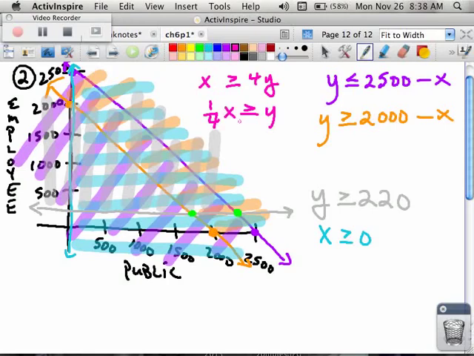So I'd have 1/4 x on the other side because I divided both sides by 4. But I don't like to look at it that way. That kind of confuses me when the x is on the left. So I like to write it this way. Y less than or equal to 1/4 x. Or in other words, my slope is 1/4. I go up 1 for every 4 I go to the right.